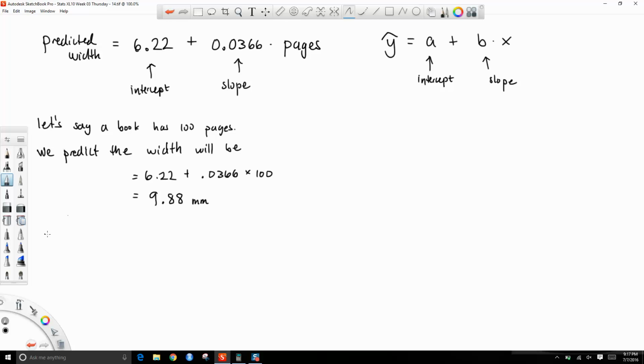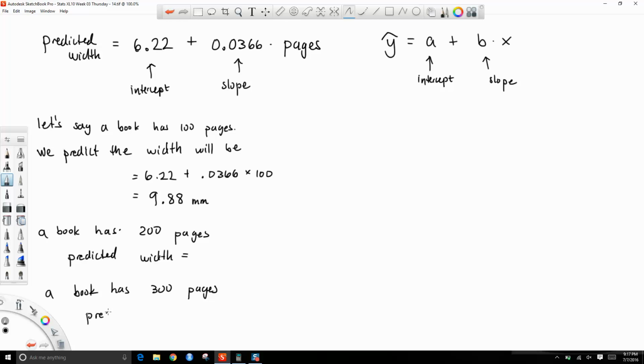All right. Let's say a book has 200 pages. What is the predicted width here? And then we'll say a book has 300 pages. What is the predicted width in that case?